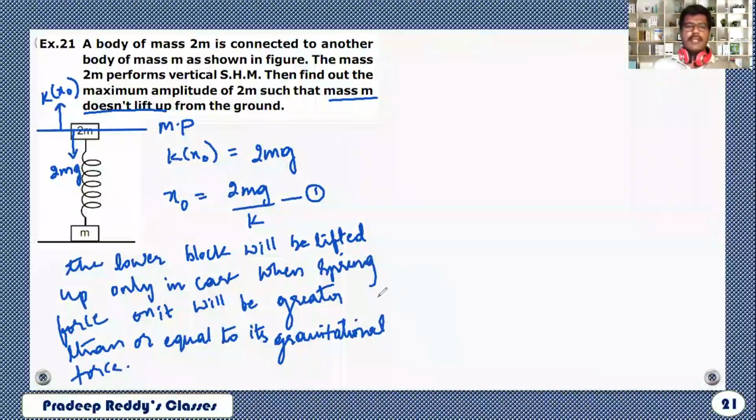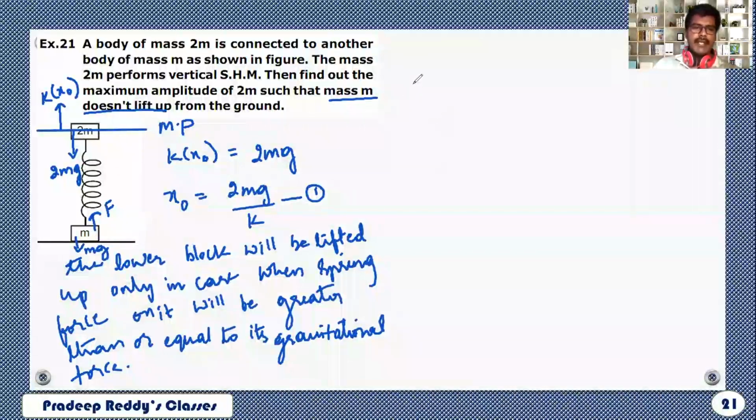Right? So mass m will be lifted up only if the spring force acting in upward direction is greater than gravitational force acting on this mass m. So gravitational force acting on this mass is mg, and this mass can be lifted up if there is a spring force F acting on this mass such that this spring force F should be equal to gravitational force acting on this mass.